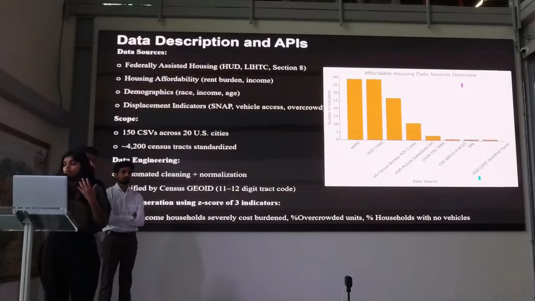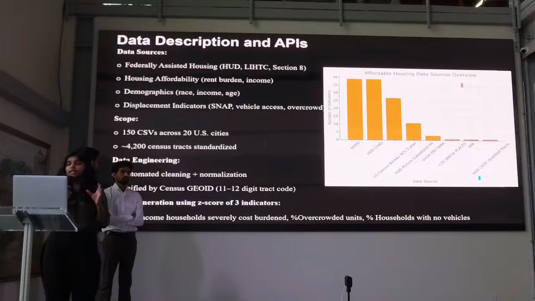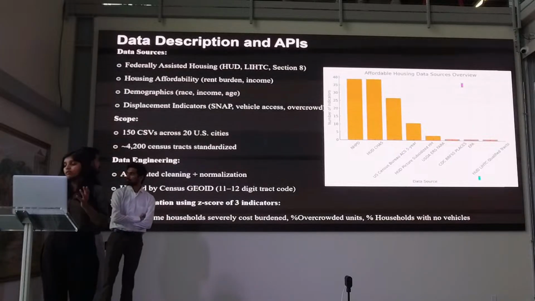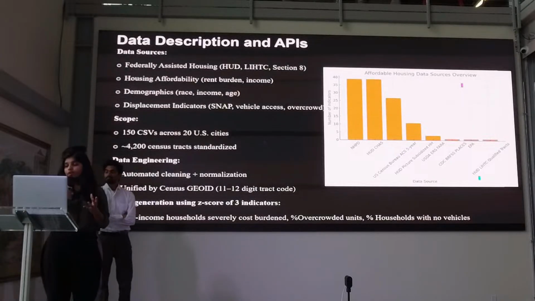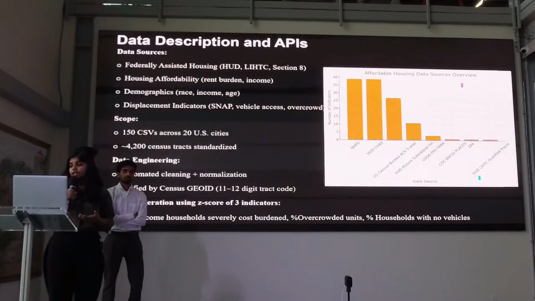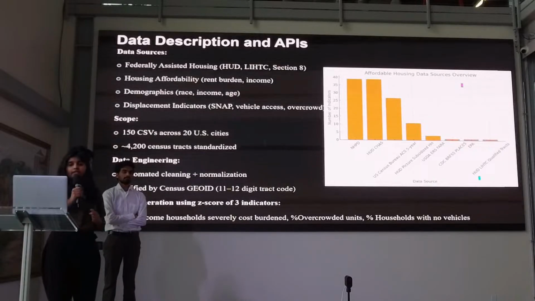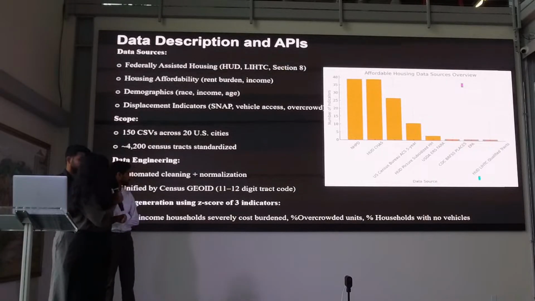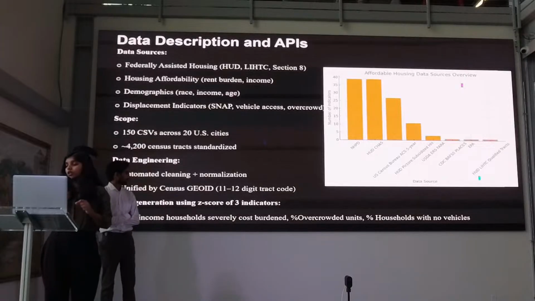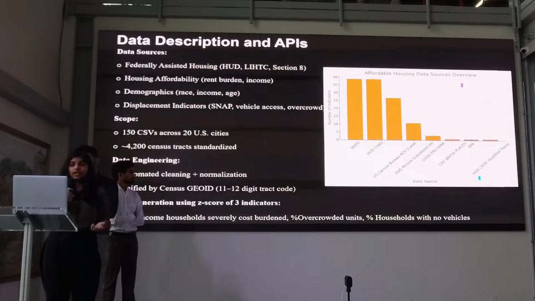We took our data from several sources, mainly housing and demographic data sets. We created a label for each area based on three key indicators, including the percentage of low income houses. These labels help the AI learn what high risk neighborhoods look like.